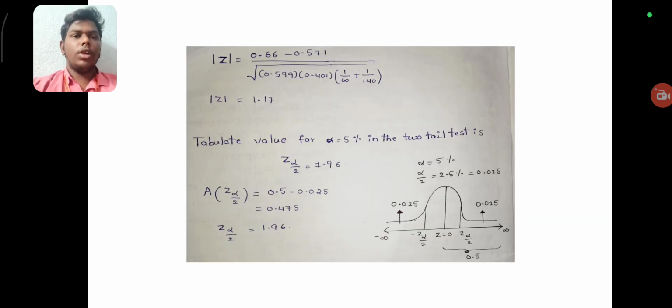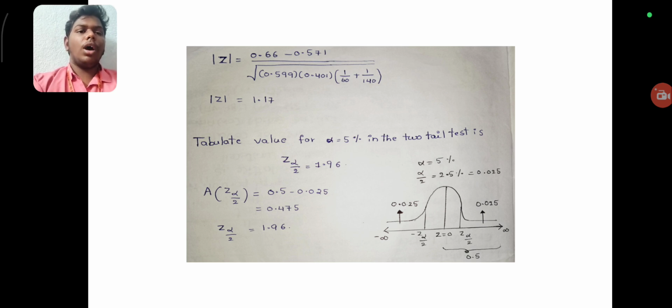So Z equals (0.66 minus 0.571) divided by root of (0.599 into 0.401 into (1 by 60 plus 1 by 140)). So Z equals 1.17.